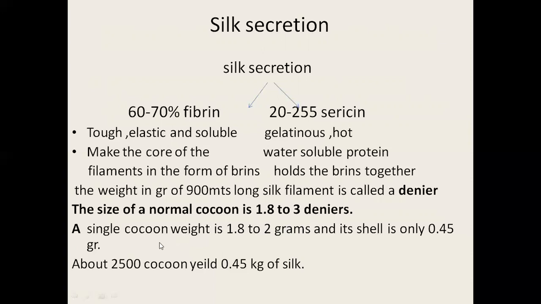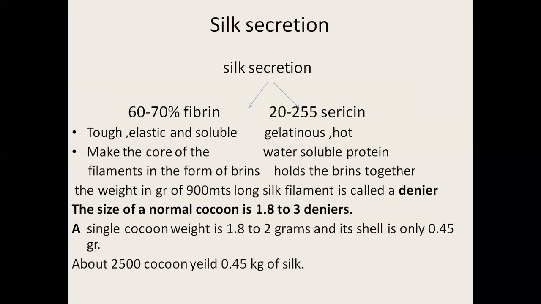A single cocoon weighs 1.8 to 2 grams and its shell is only 0.45 grams. About 2,500 cocoons yield 0.545 kilograms of silk.